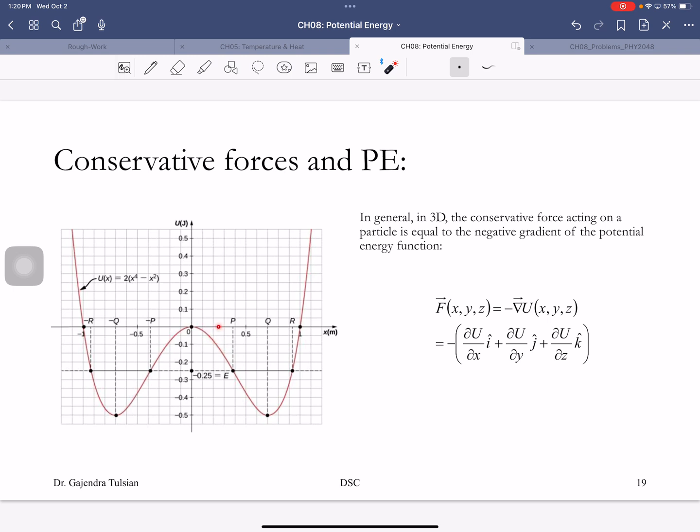At this location, the point will run away from that equilibrium position. Here dU by dx is positive, so the force will be in that direction. So local minima of the potential energy function are stable equilibrium points, and these are unstable equilibrium points.